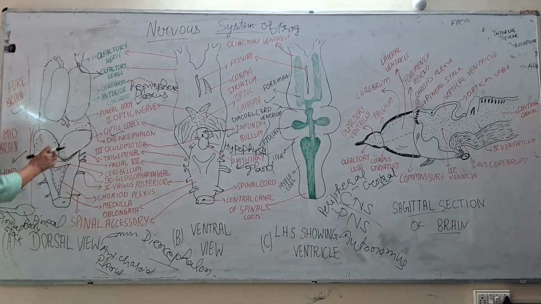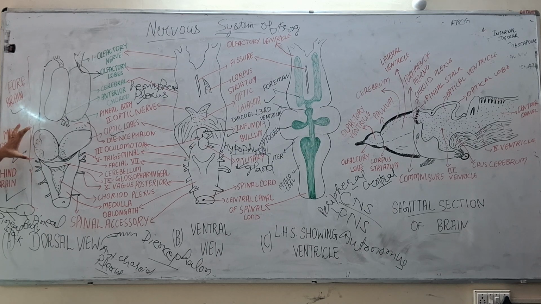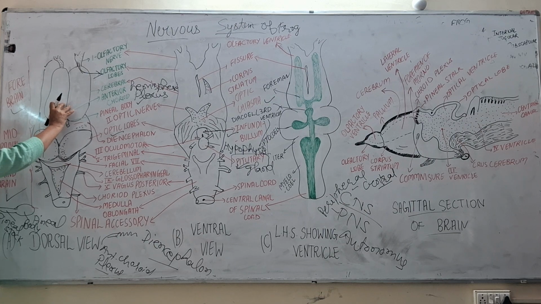Just below there is one passage that is called the corpora striatum. This is the midbrain, just a part which attaches the forebrain with the hindbrain.